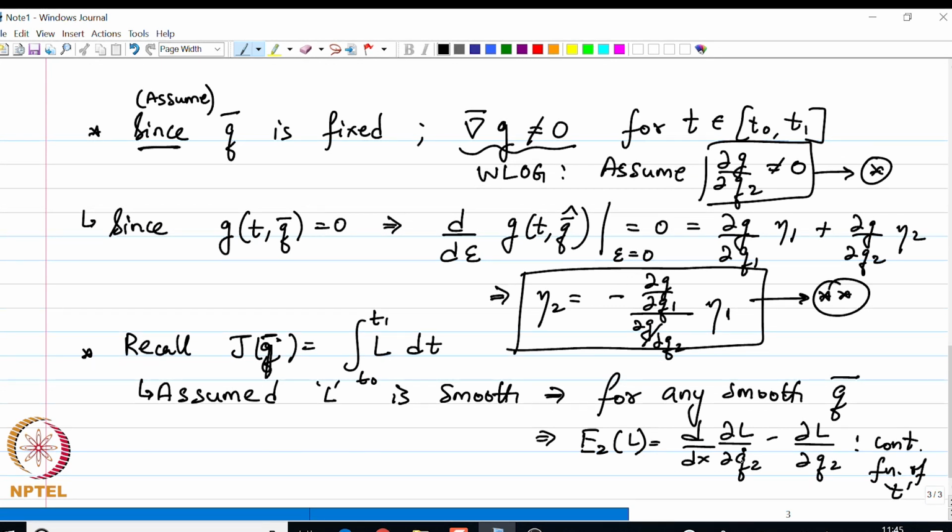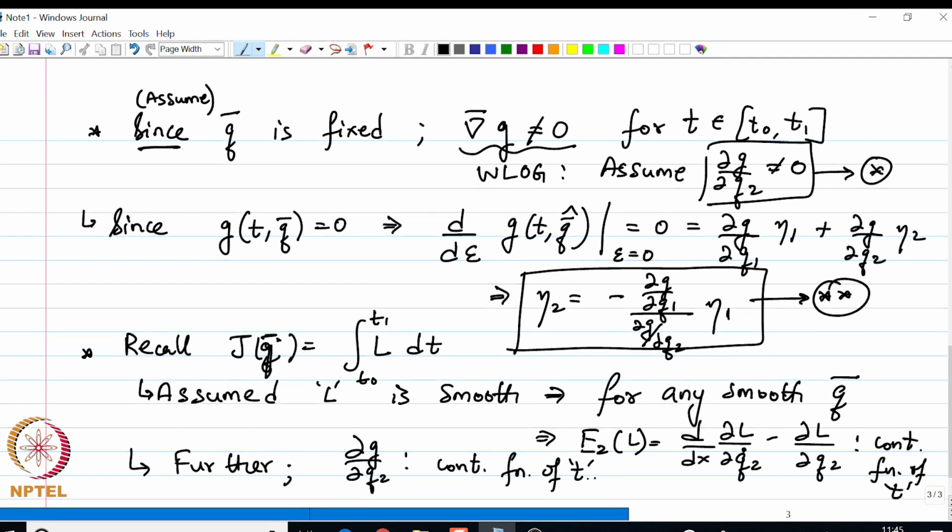Further, we know that del G del Q2 is also a continuous function of t. We can further assume that del G del Q2 is a continuous function of t.